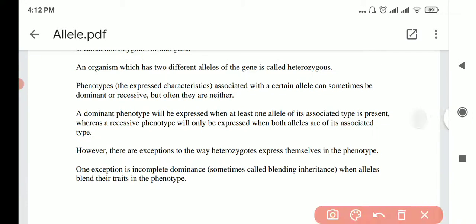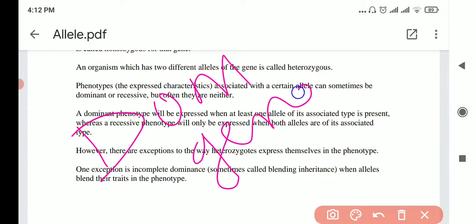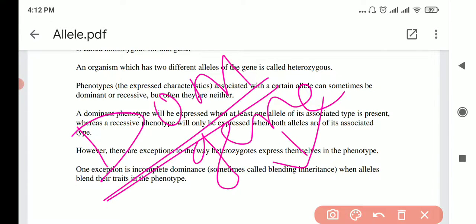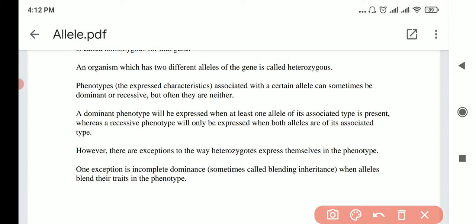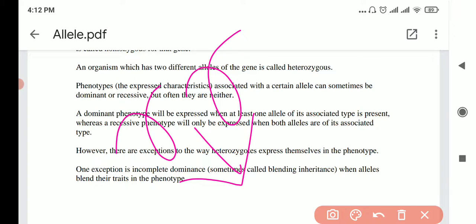When one of the alleles is dominant, it will express its phenotype. When one of the alleles is recessive, it will not express that phenotype, it will be masked. And when both the alleles are recessive, then only the phenotype of the recessive gene will express.